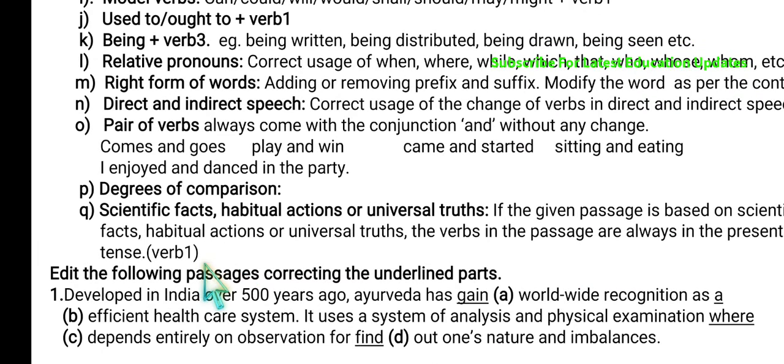For example, sun rises in the east, sun sets in the west, right? If hydrogen reacts with oxygen, it forms water. Hydrogen plus oxygen, H2O. Such facts, equations, truths and habitual actions always form verb 1 plus es, right?